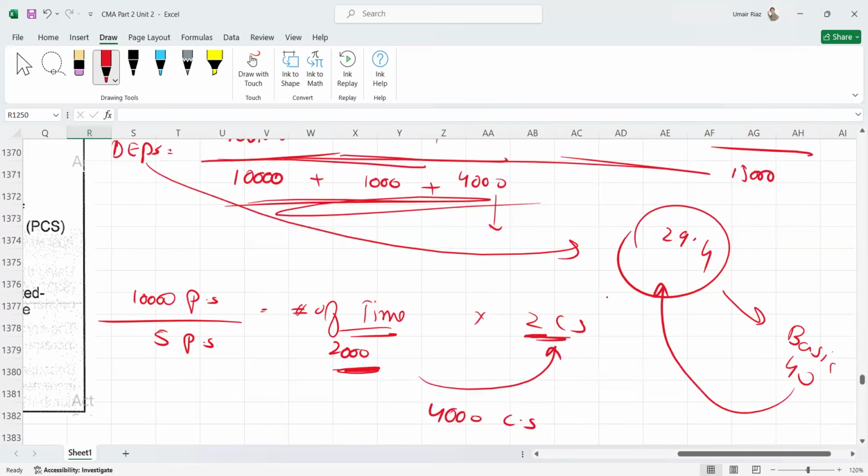Your earning per share will dilute by these potential common stocks if the convertible bonds or convertible preferred stock convert. So how much is it diluted? 40 minus 29.4, so it is diluted by $10.6. It means if those potential common stocks convert, your EPS may dilute by $10.6.